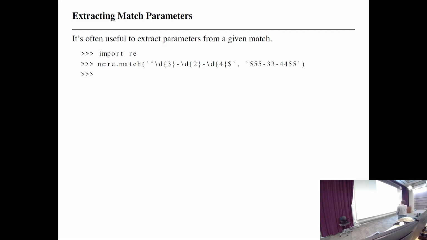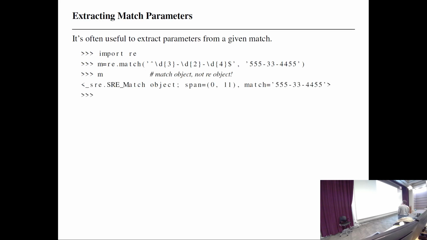I'm using the match function to match my usual regular expression against a phone number, or a social security number in this case. I get back the match object, and I can ask for the start. I can use the start method of that match object to get back the initial index into the target string.